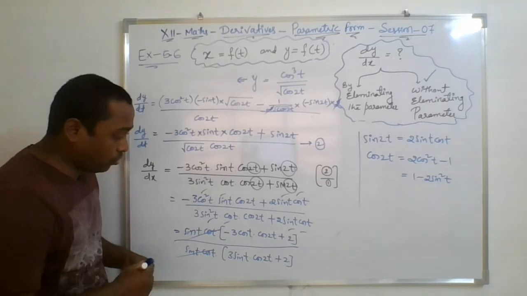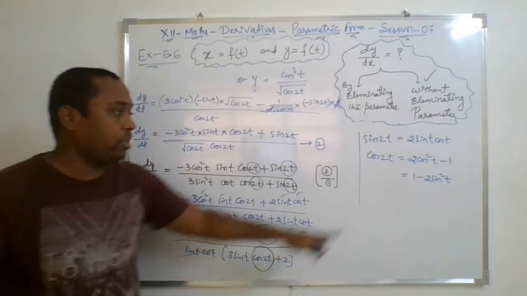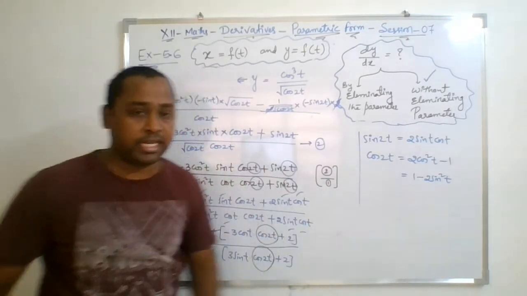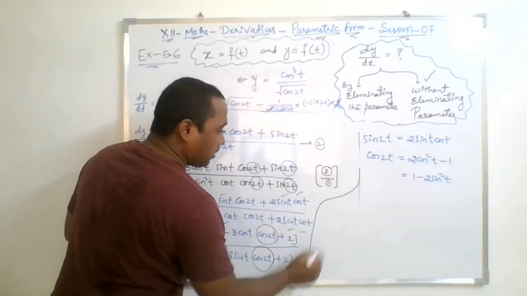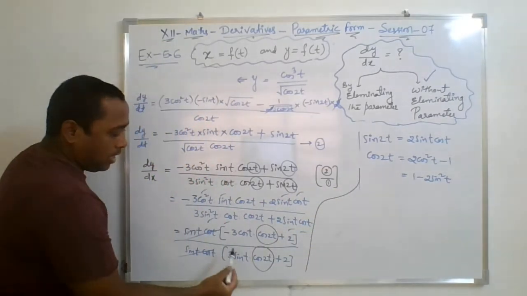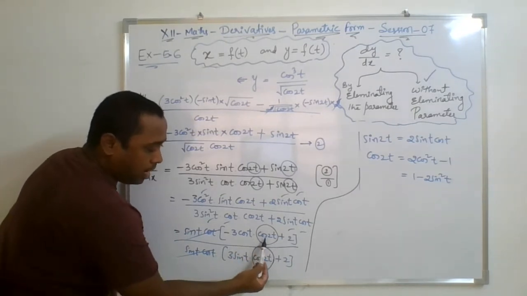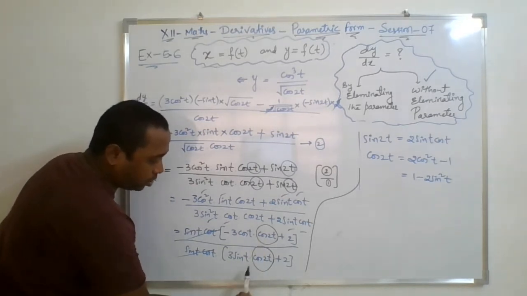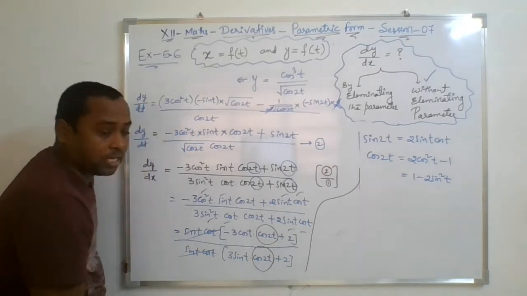Again, now I am going to reduce cos 2t with the formulas, either in terms of cos or in terms of sine. Purposely, look at this step, what I am going to do. In the numerator, I have a cos function, that's why I am converting cos 2t in terms of cos. In the denominator, I have a sine function, so purposely I am converting this in terms of sine.